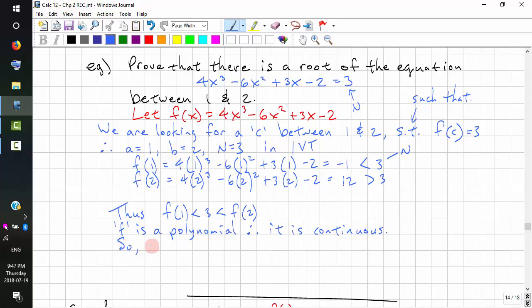So, by IVT, there exists, that's a backwards E, a c between 1 and 2 such that f of c equals 3. Just to reiterate, there's a c between 1 and 2. We don't know what the actual answer is. We just know that it exists.